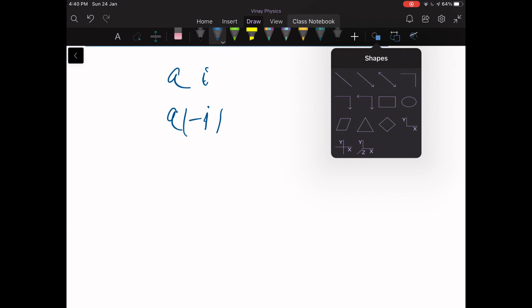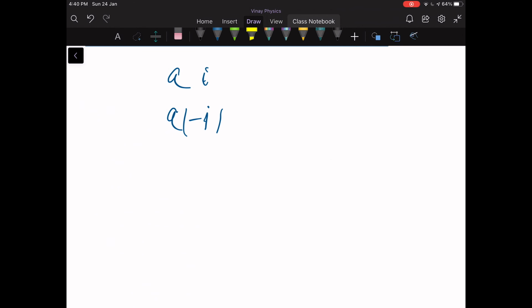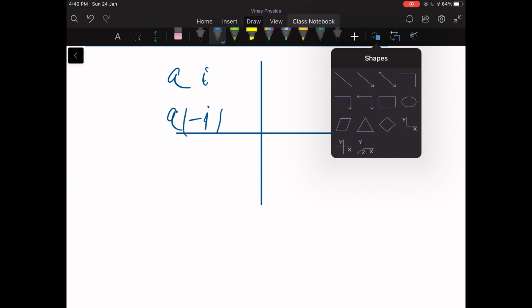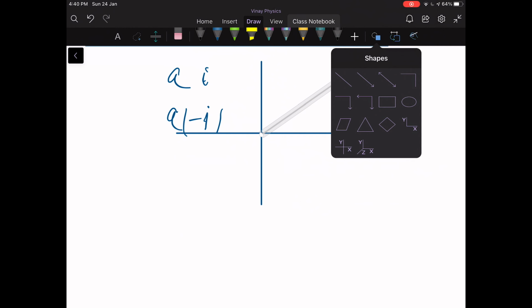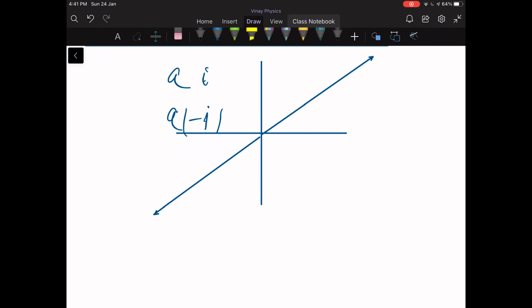If you want to draw it, let us say this is our axis, this is one vector we have, and this is another vector. The sum total of A and B will be 0 because they have the same magnitude and opposite direction.